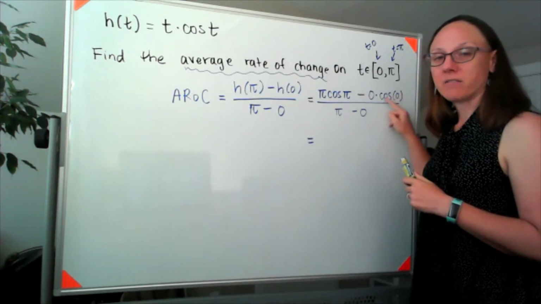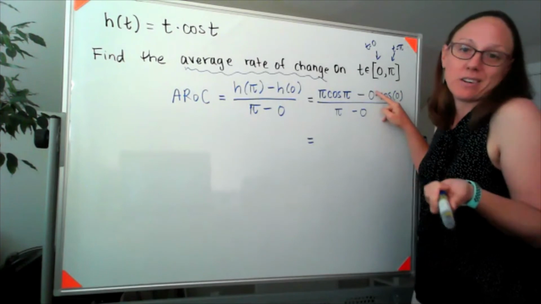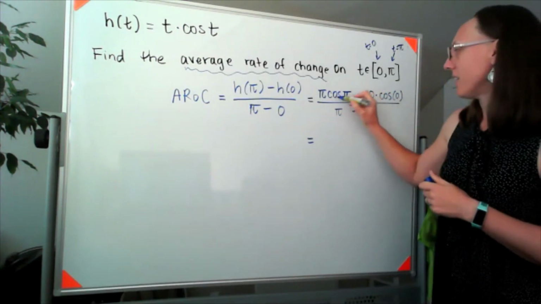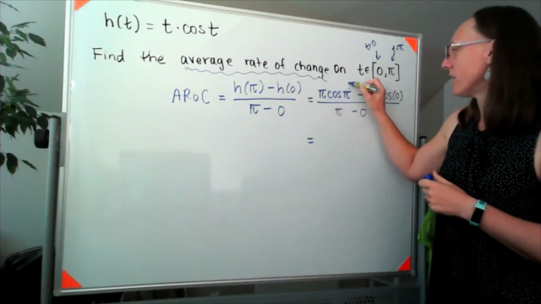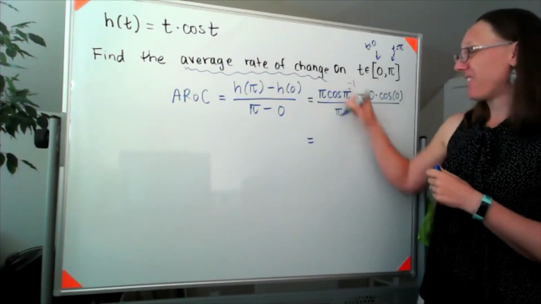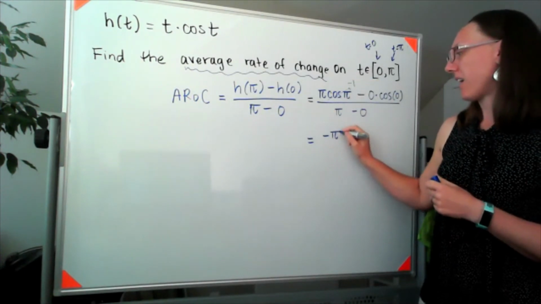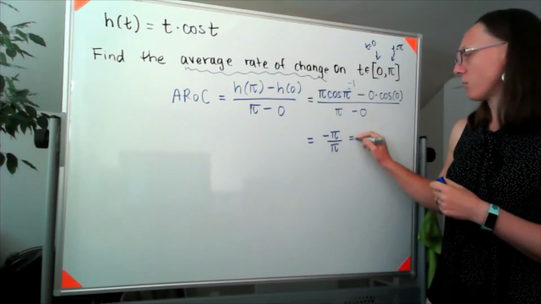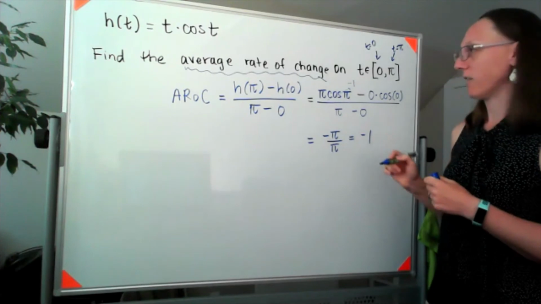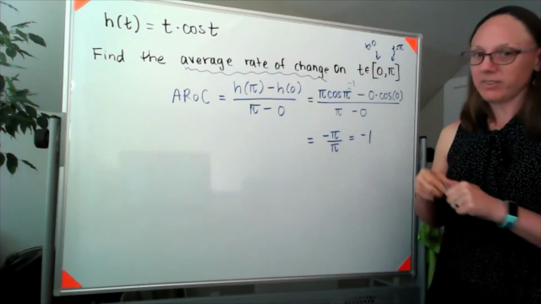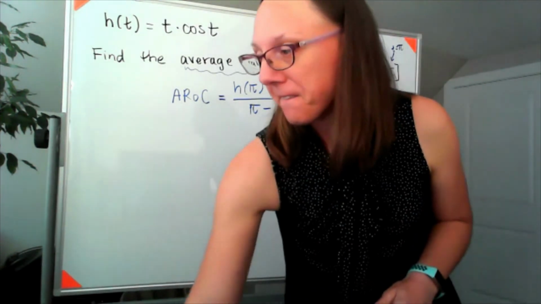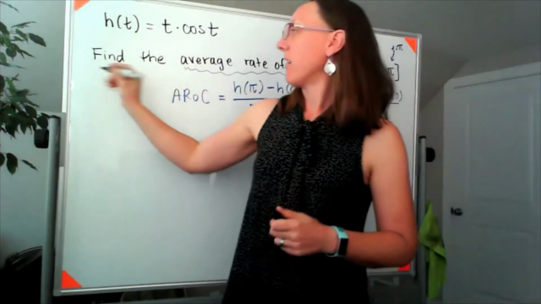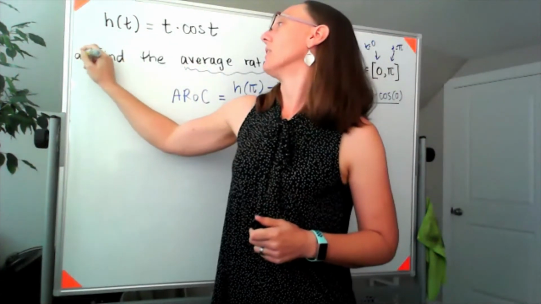And cosine of 0 is equal to 1, but it doesn't matter because I'm multiplying it by 0. So that means in the numerator, I have negative pi, and in the denominator, I have a positive pi, and that's going to simplify to be equal to -1. That was part A of my question.